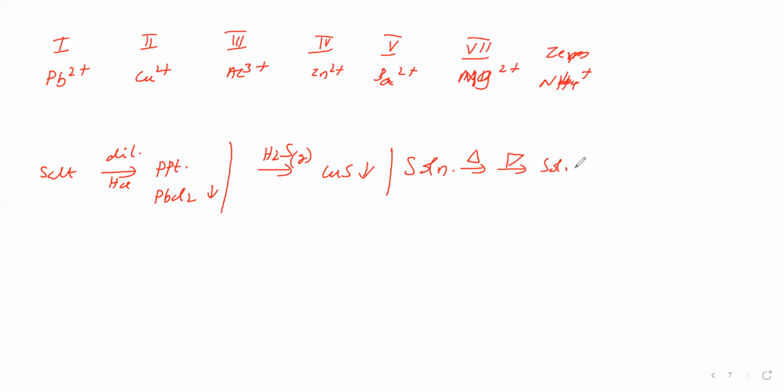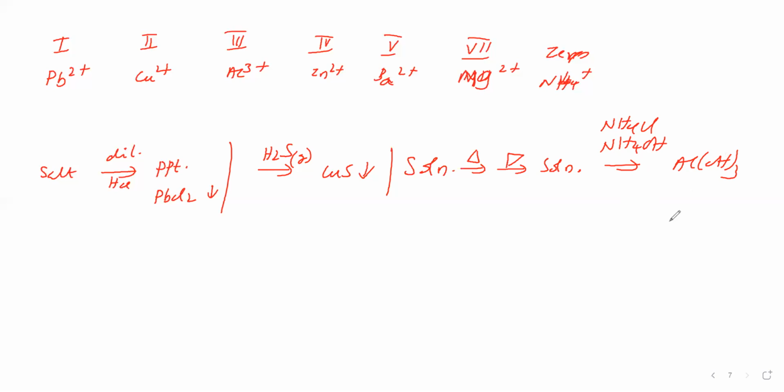Then go for the group 3 reagent, which is ammonium hydroxide and ammonium chloride. In group 3, suppose the given salt contains aluminum ion; it precipitates with ammonium hydroxide as aluminum hydroxide. Suppose a group 4 cation is there; it forms a precipitate with ammonia, but that precipitate immediately dissolves in ammonia.